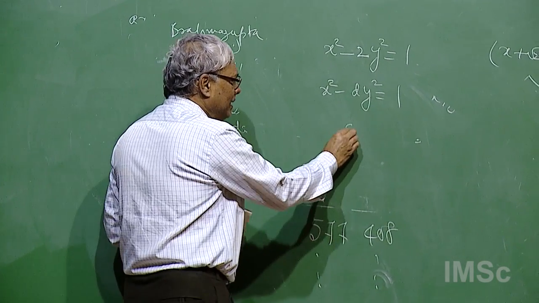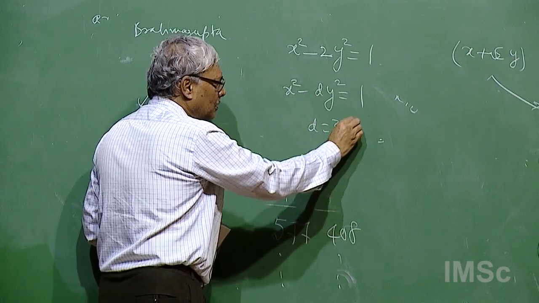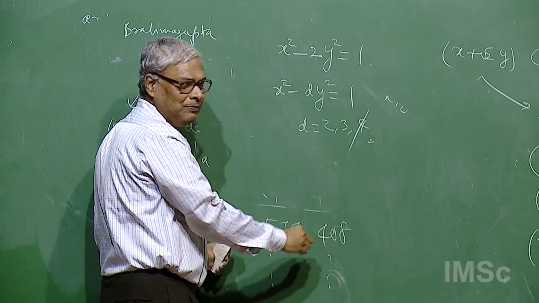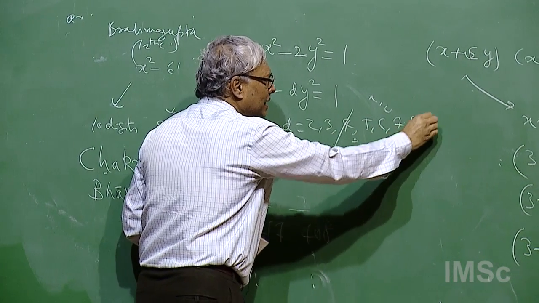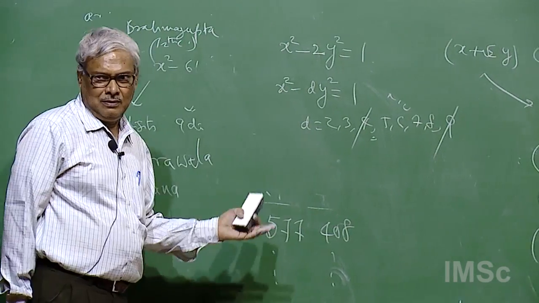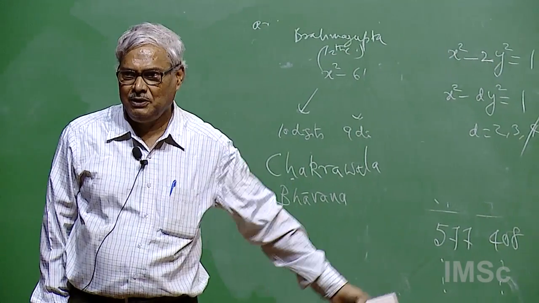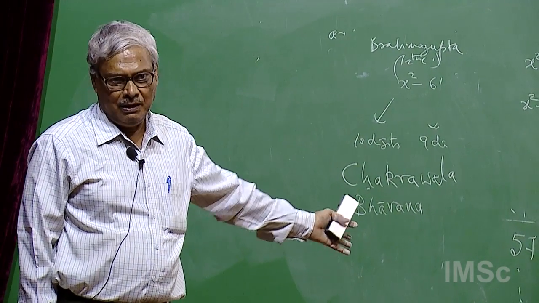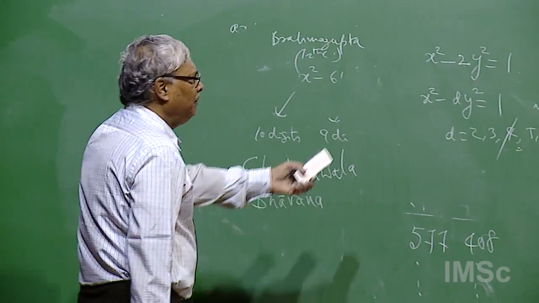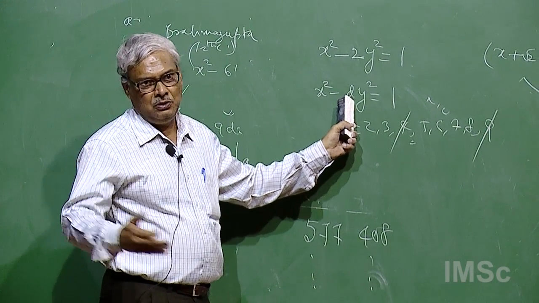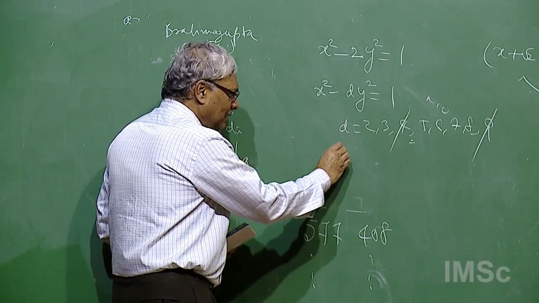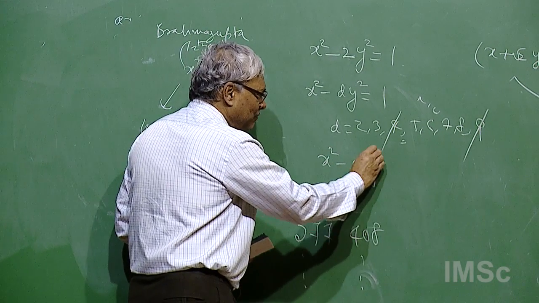For example, I can take d equal to 2 or 3, but I cannot take 4. I can take 5, 6, 7, 8 for d, but I cannot take 9. So what sort of numbers are prohibited? Square numbers. Yes. So if d is a square, there are no positive integer solutions for such an equation.